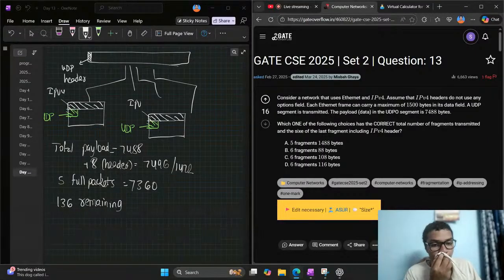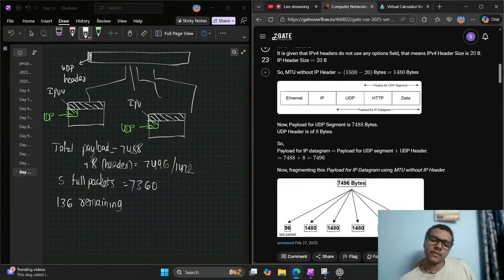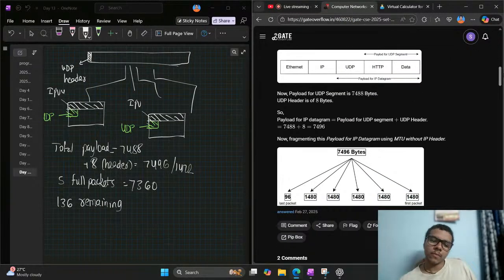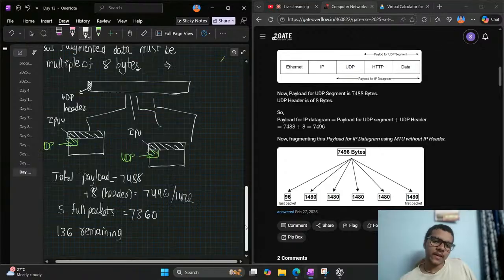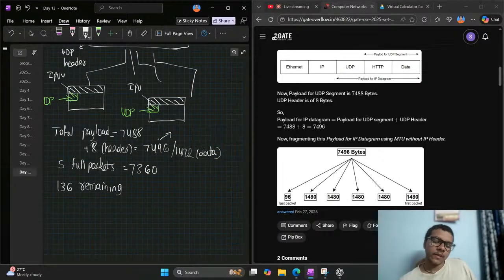Oh wait, you need to do it for 7488 or 7496. 7496 is including the header. So will that header be transmitted? 1472 is data. So the above one should also be data, right? So 7488 it is.